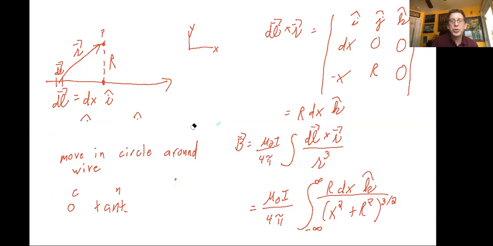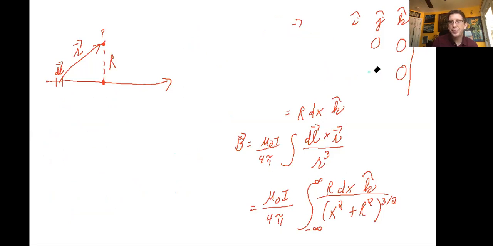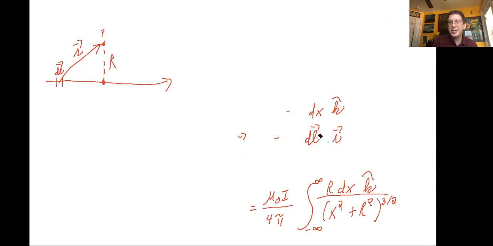So how are we going to work with that? Well, we did something similar with the long straight wire when we were evaluating the electric field. We have this term. It's not that easy to evaluate directly. So what can we do? Well, we can apply a substitution.